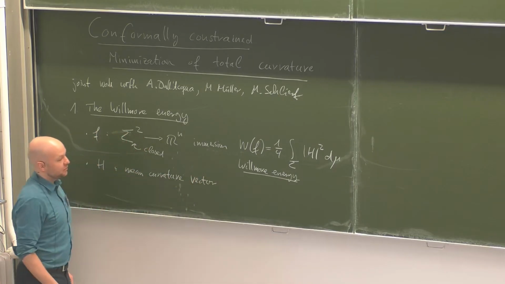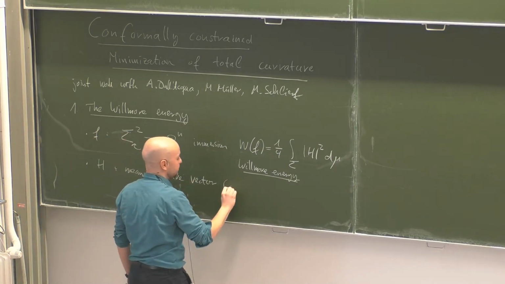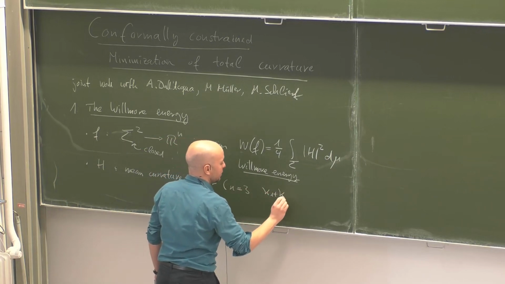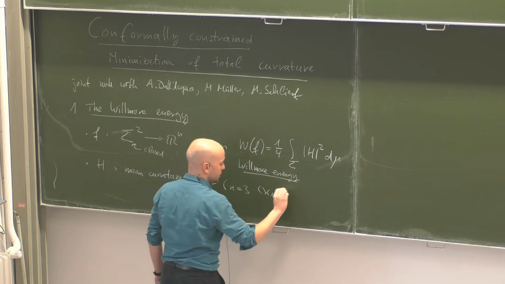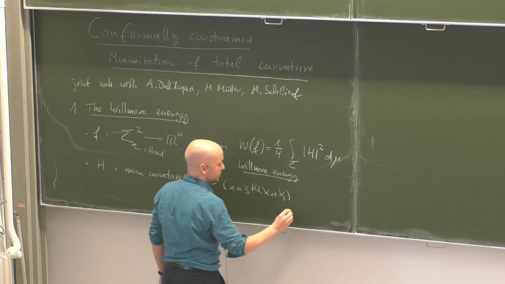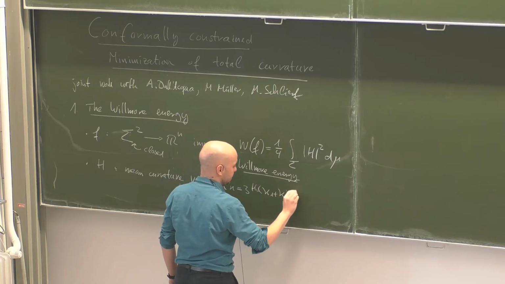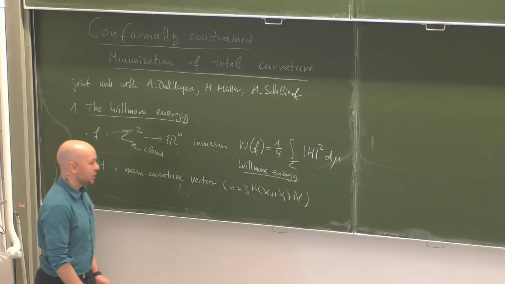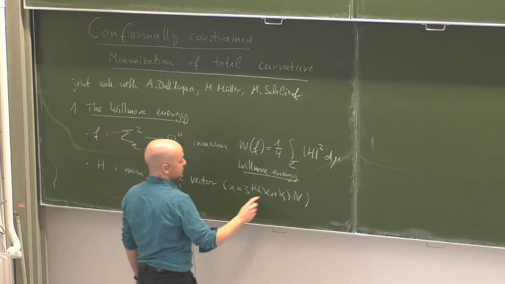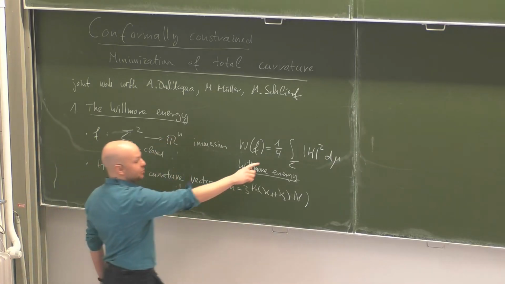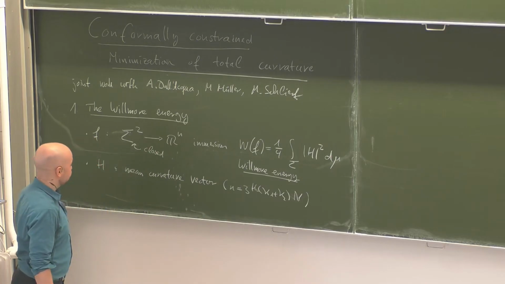Okay, let me emphasize that for n equals 3, H is the sum of the principal curvatures times a local unit normal field. This is the mean curvature vector, and so there's no dividing by 2. This is why I put the 1/4 here.